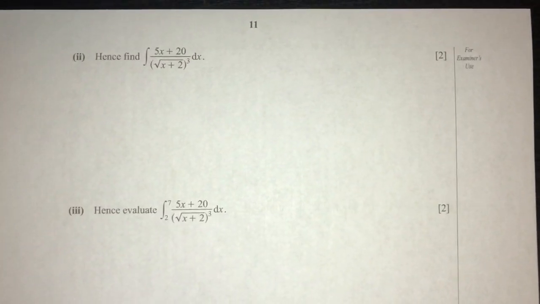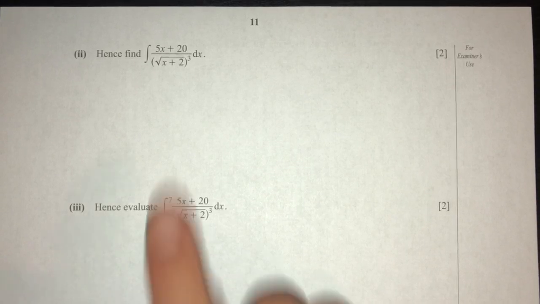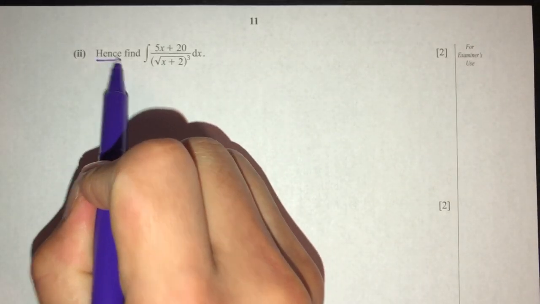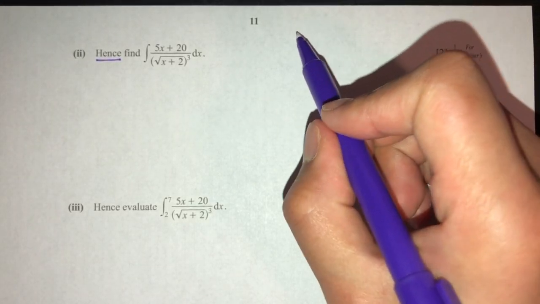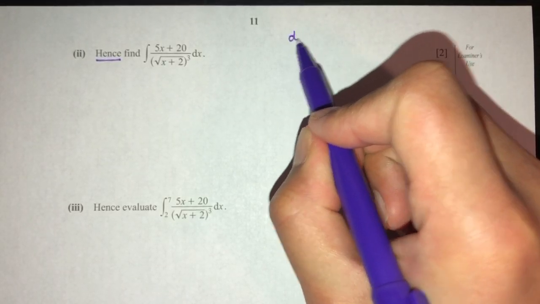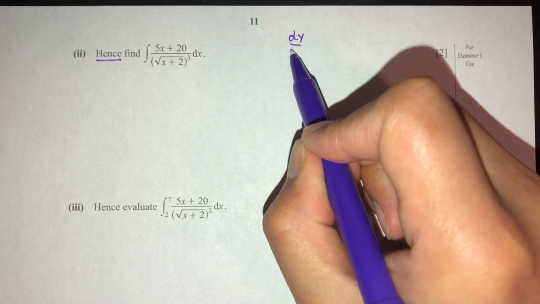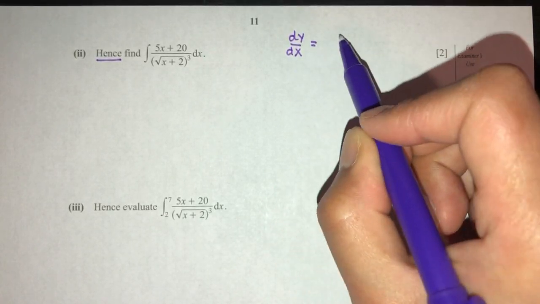Now let's move on to question number 2. Hence find this. So whenever you see hence, it means using the value from the other part of the question. So if you observe from the other part, we have done what? We have done this. We have dy by dx give you this value.